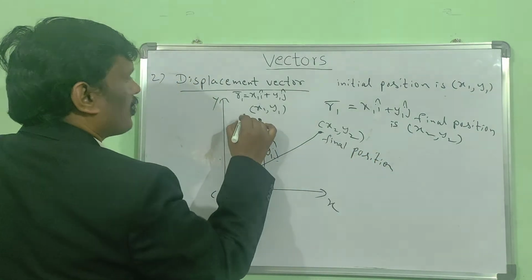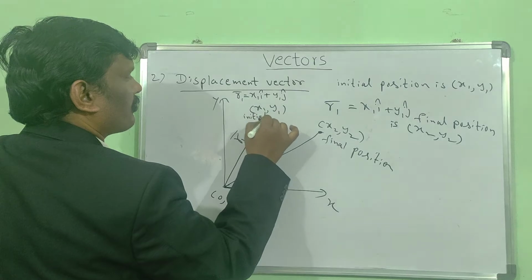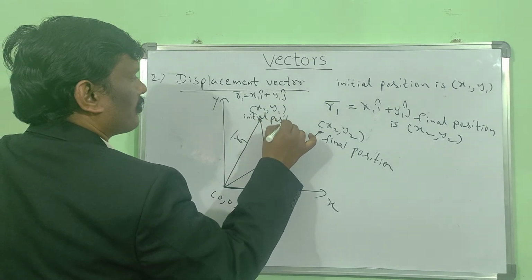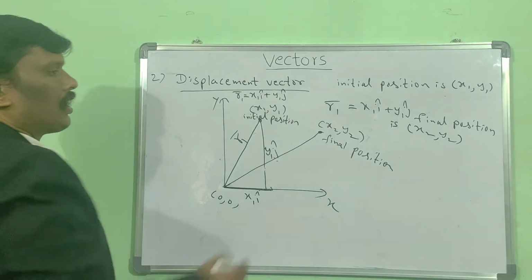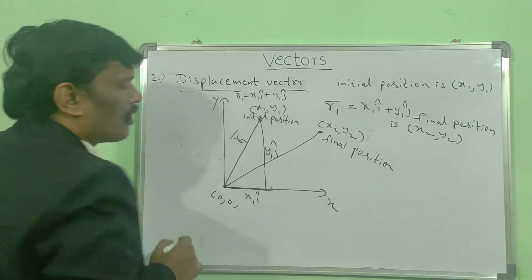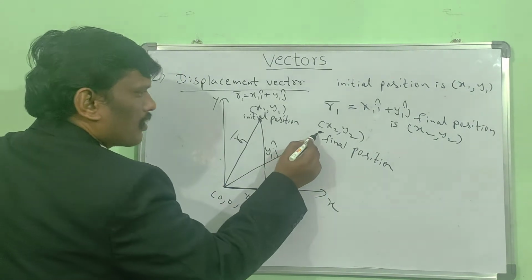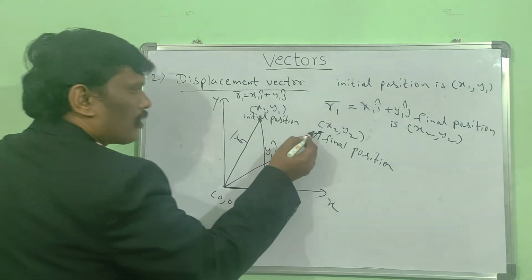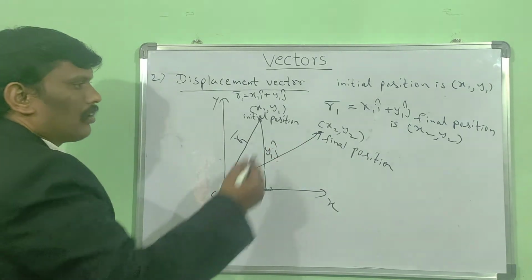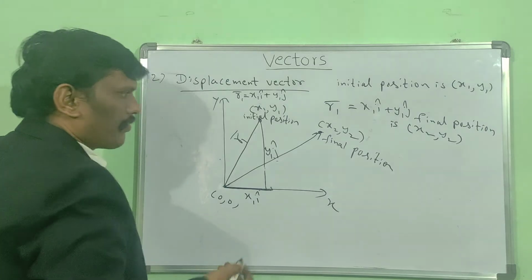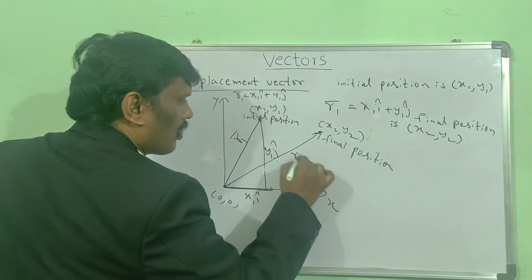Of course, this is the initial position. Now the object moves from the initial position to the final position. So this is the final position vector, from the origin to that position. Then how to write the final position vector? Consider the final position vector is r2 bar.